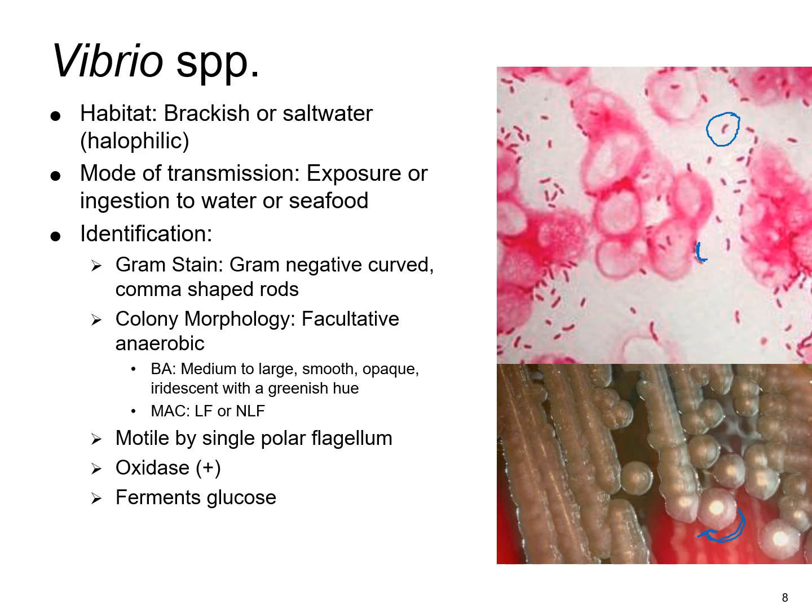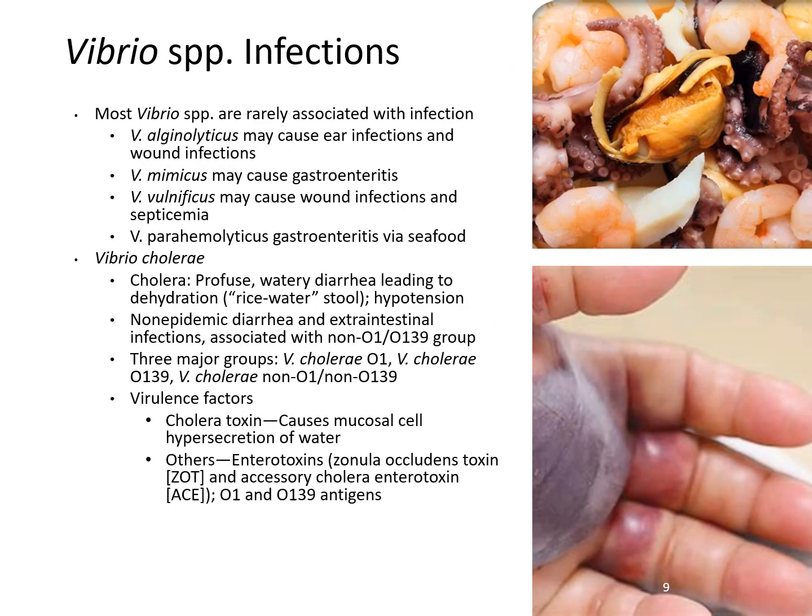They can be lactose or non-lactose fermenters. They are motile. They do have a single flagellum. Oxidase positive, and they do ferment glucose. With your Vibrio infections, there are a couple of different types of species that have been implicated in different types of infections.